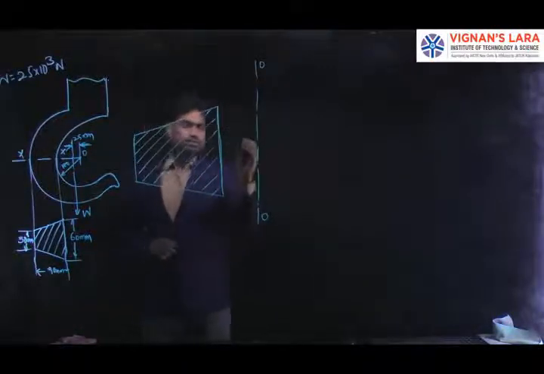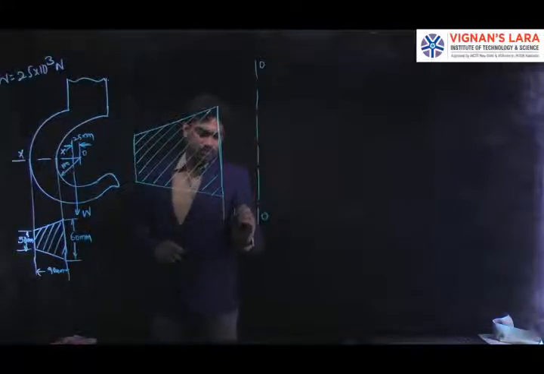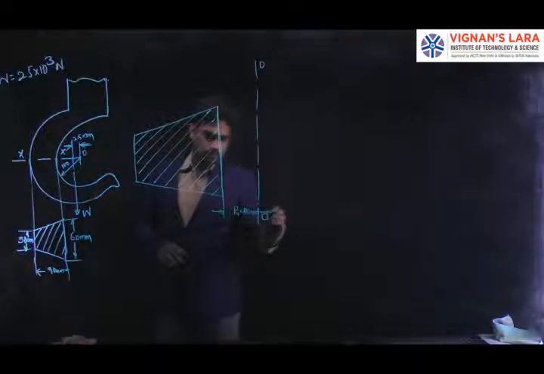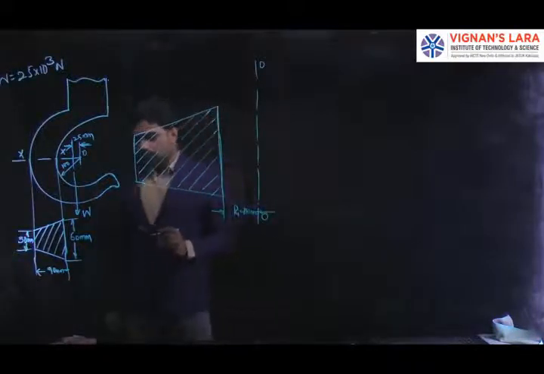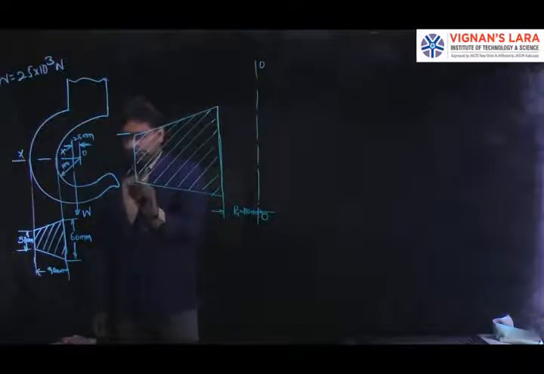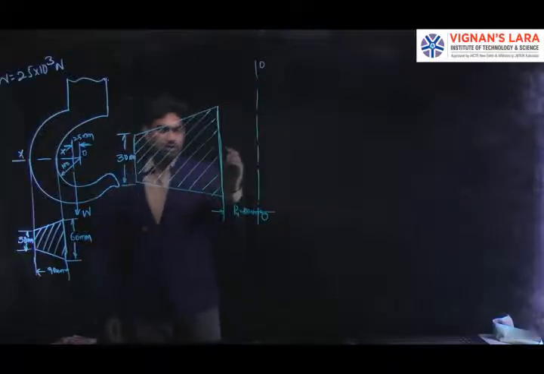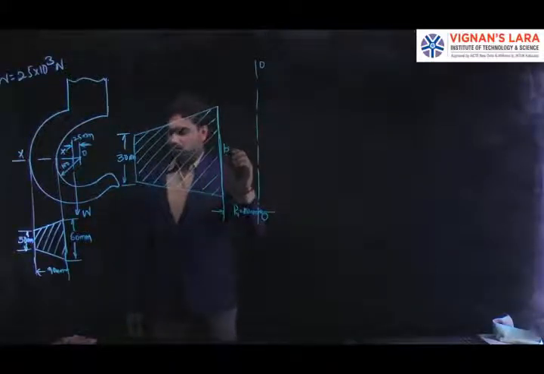Clear? The inner radius of curvature is denoted by Ri, 100 mm. The widths are given: the outer width is denoted by Bo, and the inner width is denoted by Bi, that is 60 mm.